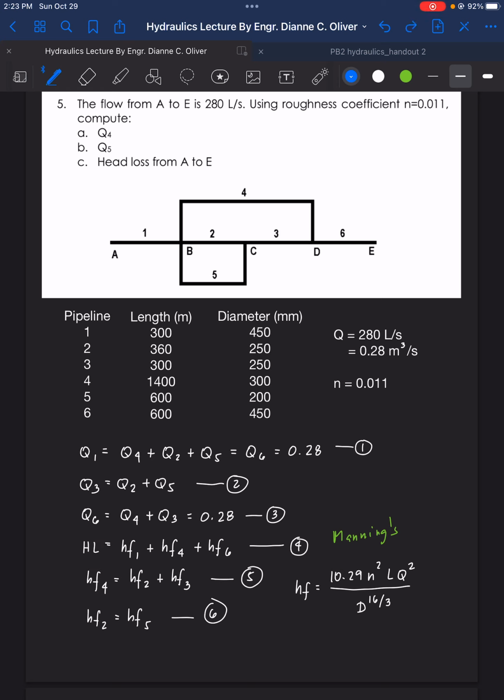So we can stick to the first equation, since we have Q4 there. Therefore, we need to do something about Q2 and Q5. For Q2 and Q5, we can use the relationship at equation 6. And we can also use the relationship at 5. But then to remove Q3, we need the relationship at 3.